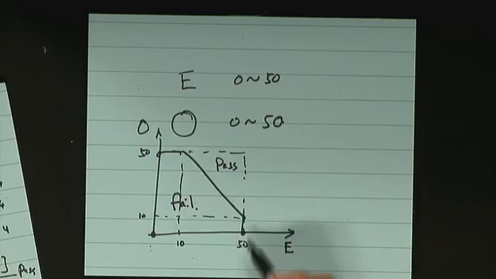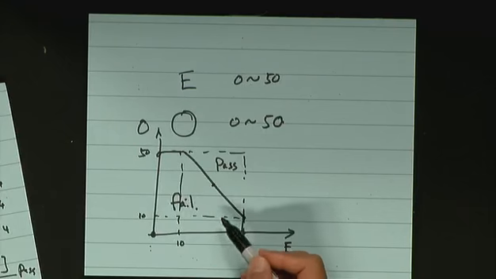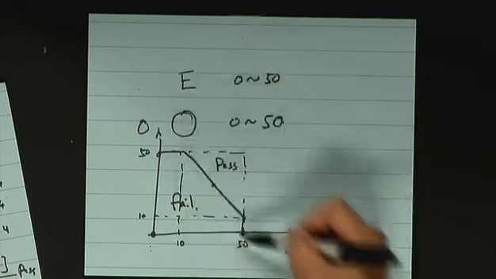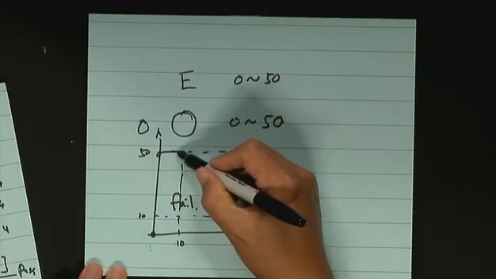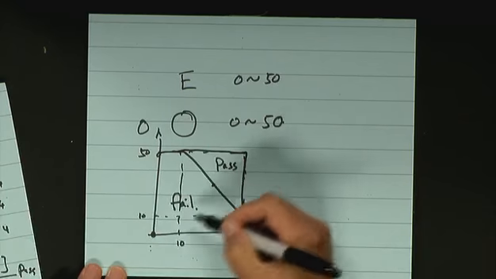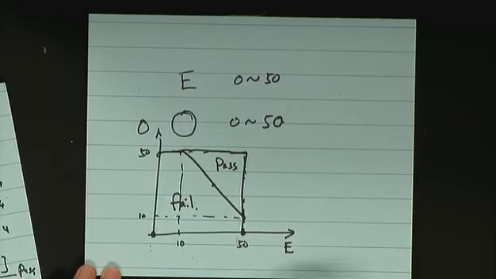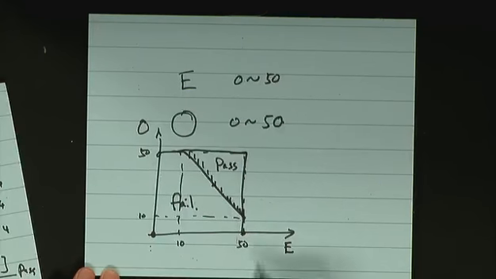You may have 25 plus 35, and things along this line here. So this is your pass region, this is your fail region, and this one is shaded on this side. Whenever you are on the boundary, you pass.